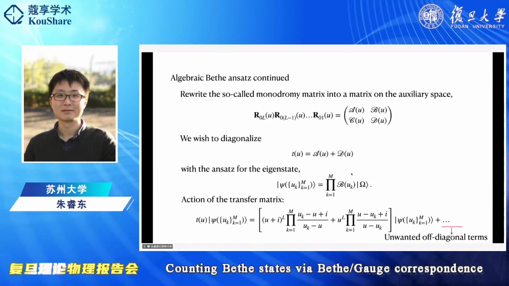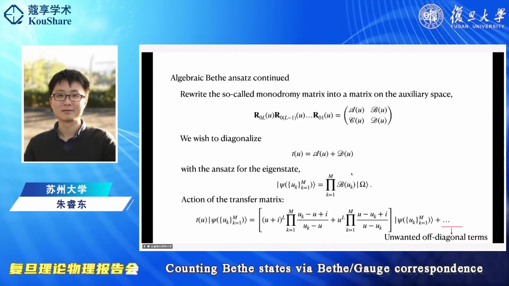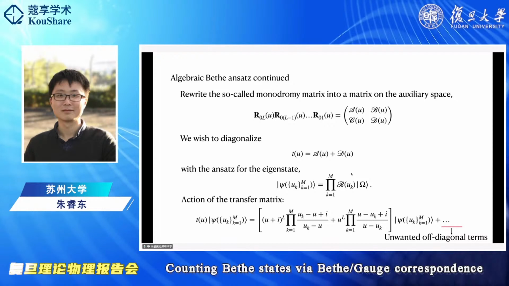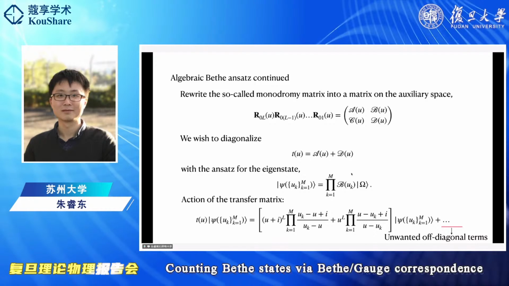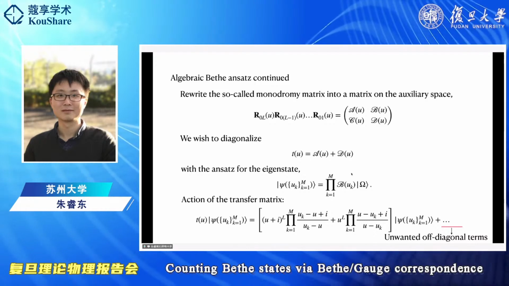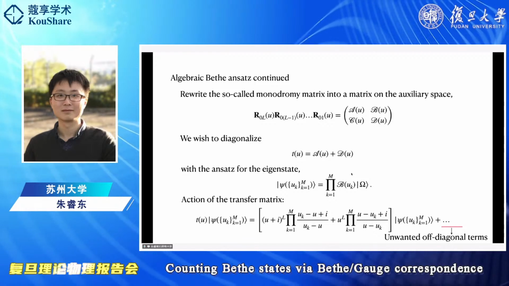And then we can try to solve the system by first decomposing this product of R matrices into A, B, C, and D. These A, B, C, D are just very big matrices, but we are organizing them on this auxiliary space, this zero space.